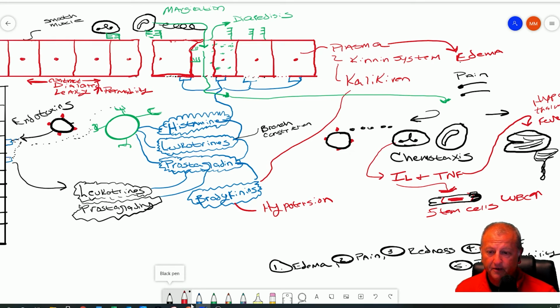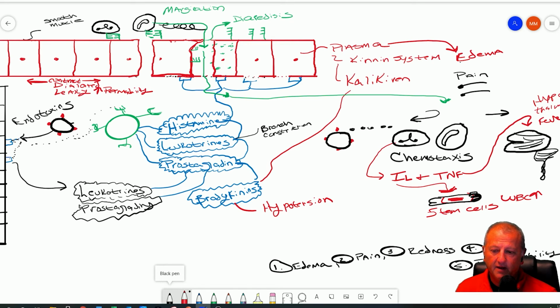The mast cell comes along, picks up endotoxins, and develops a cascade of, and every one of these are called, cytokines. Okay, they're going to cause changes in the cells. So the mast cell starts producing cytokines, and we have histamine, leukotrienes, and prostaglandins.